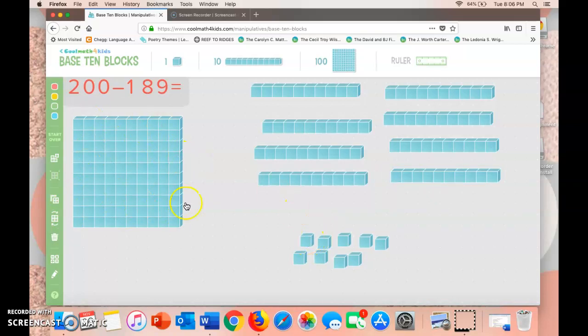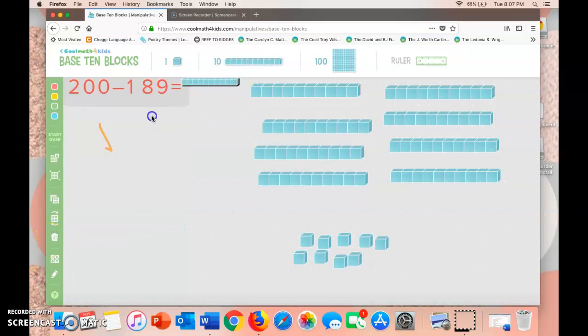So, they may have trouble seeing 100 represented in a 100s block. So, they may change this 100 into 10 10 blocks instead.